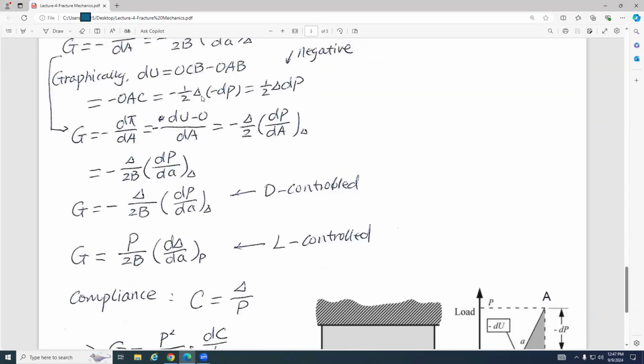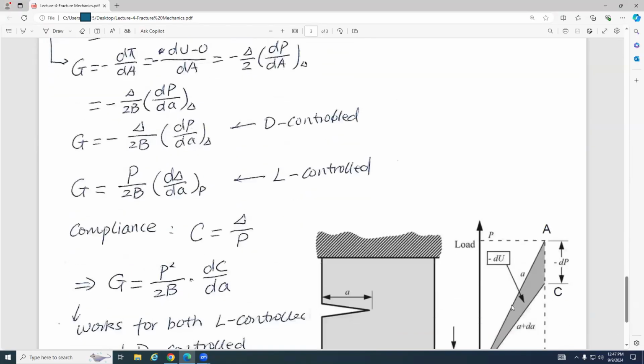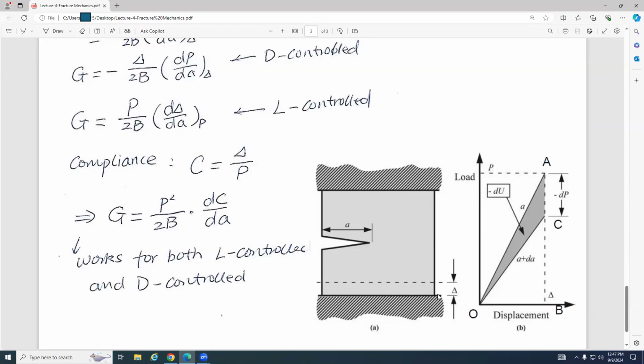Because we know that if the displacement does not change, and the crack becomes bigger, then the P will become smaller, right? That means if the crack grows, this specimen becomes softer, and in order to have the same amount of displacement you just need a slightly smaller force.